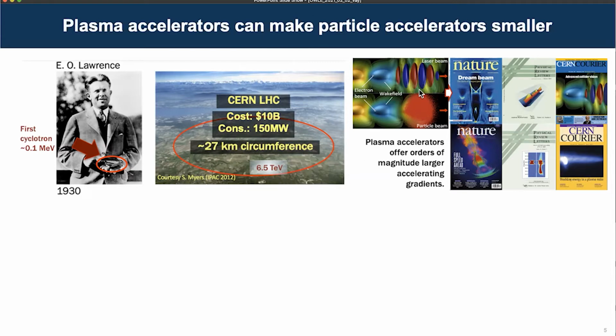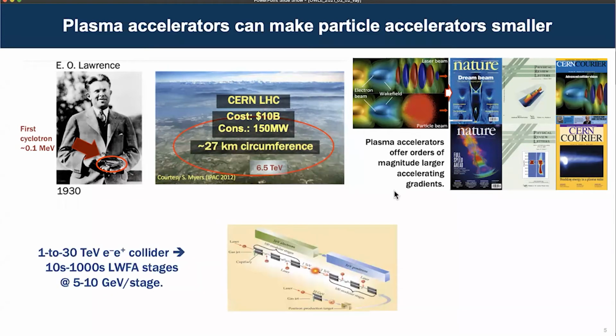So one possible way is plasma acceleration, again using either a laser beam or particle beam as the driver. The other advantage is that they offer orders of magnitude larger accelerating gradients.